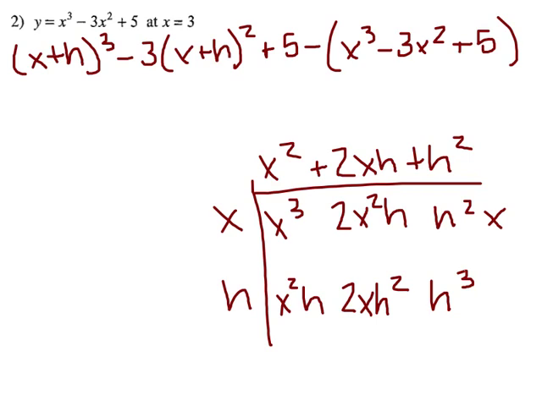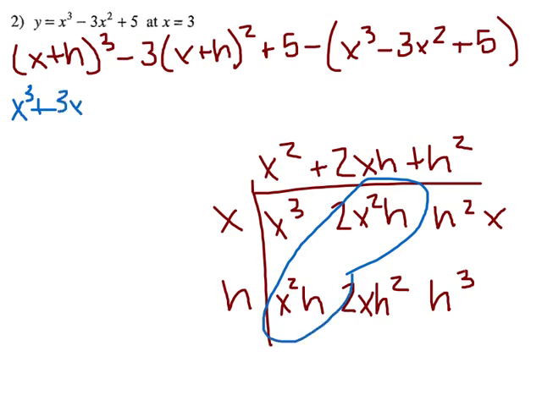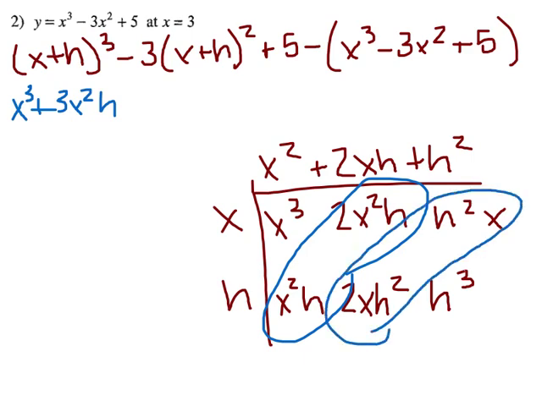So my x plus h cubed becomes x cubed plus 3x squared h, sorry, plus 3 h squared x's plus h cubed.